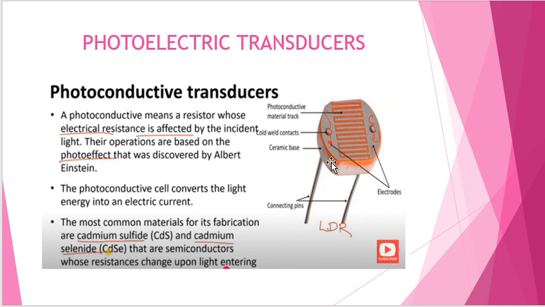Usually we provide a supply, and then the deflection type material will allow the current to flow, which will show us the direction.